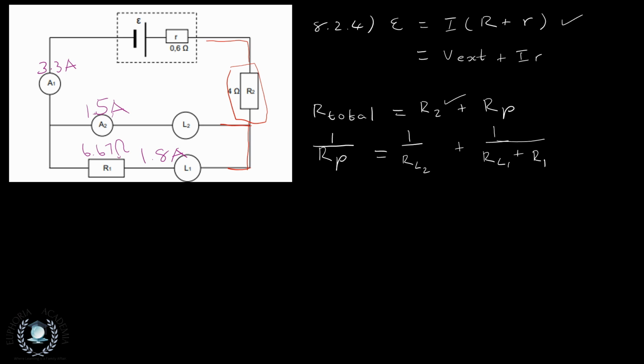Now, did we actually find how much resistance our L2 has? I do not think so. So we can quickly calculate it, and we will find that it is the voltage over the current, and that will give us the resistance of our L2.